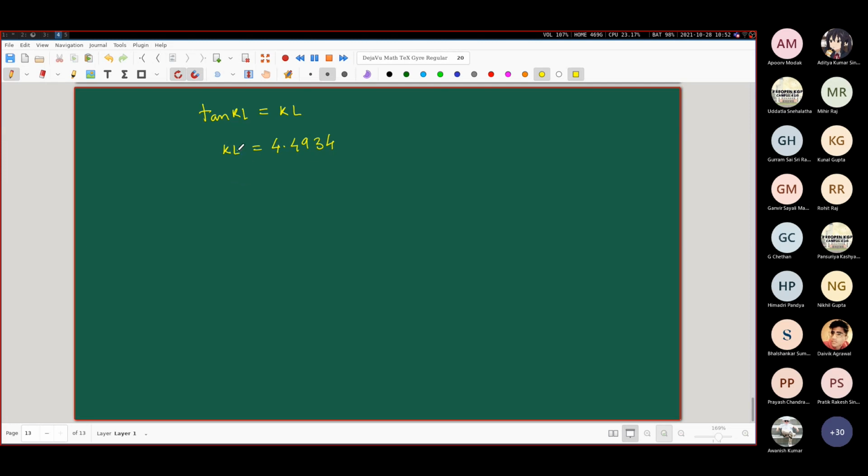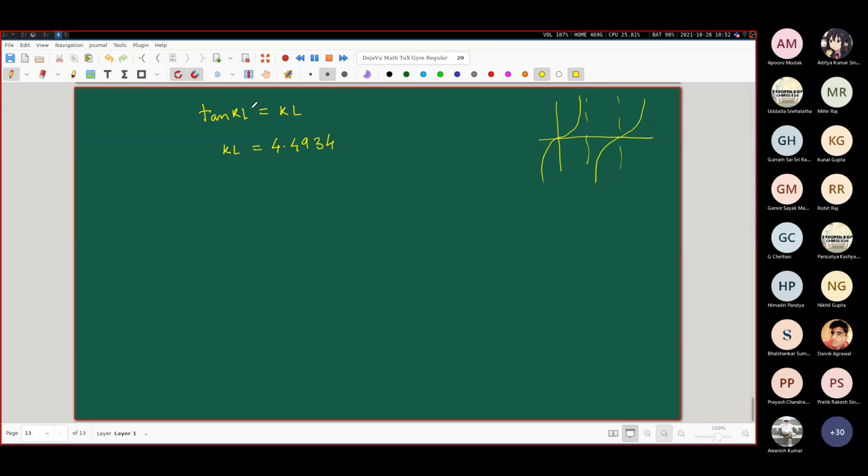Please also note that this KL equal to 4.4934 that we are obtaining is only one of the solutions. You will also obtain this equality for higher values of KL. For instance, our graph for tan x is something like this, and then this.